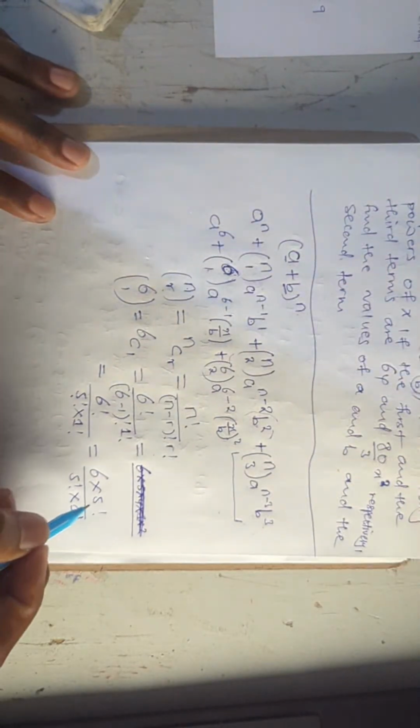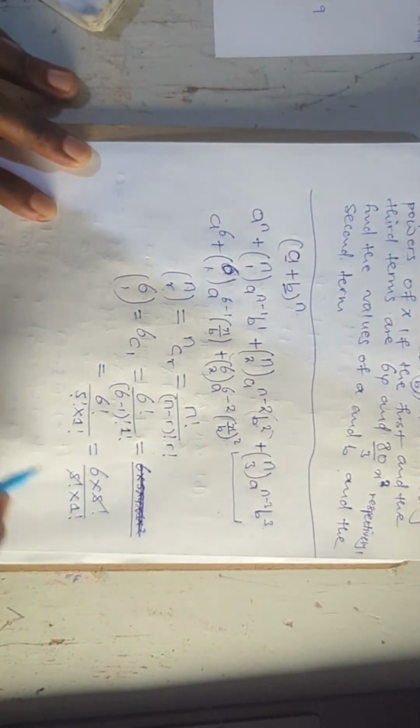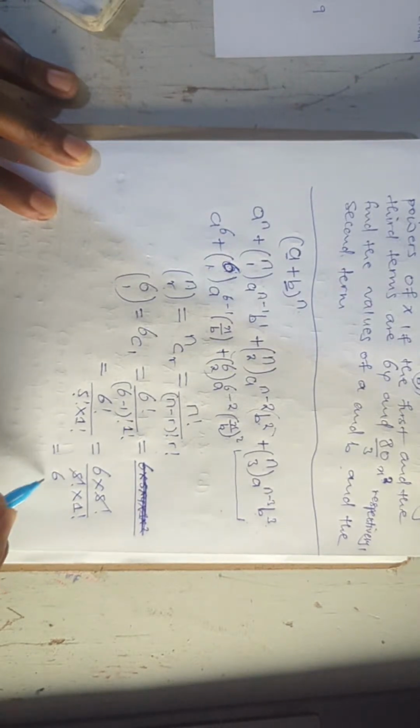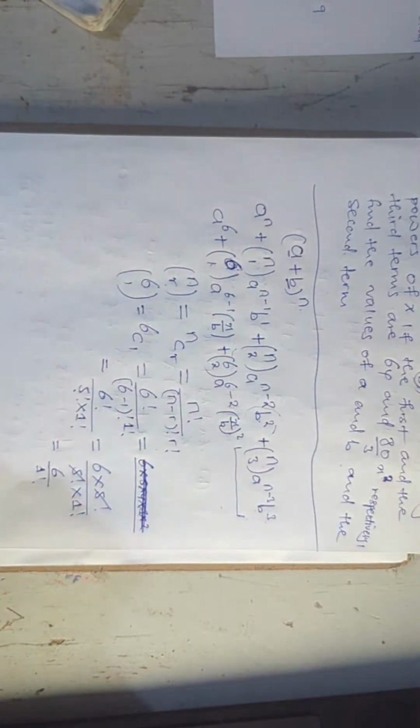Who can tell me what 1 factorial is? What is 1 factorial? So this and that will go, leaving 6 over 1 factorial.